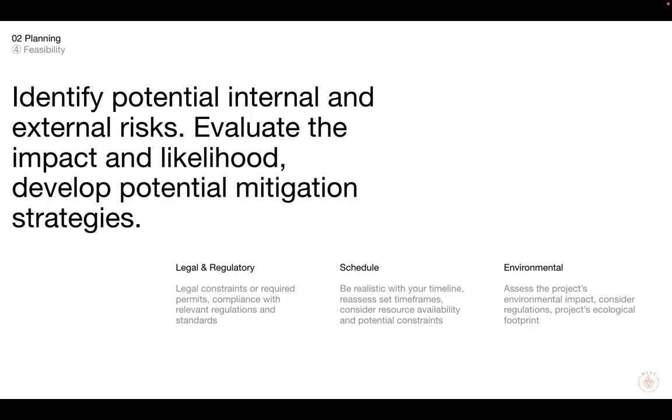And what this will help you do is to develop mitigation strategies to make sure that you're not going to run into some of these issues, or if you need to pivot, that could also happen at this stage.